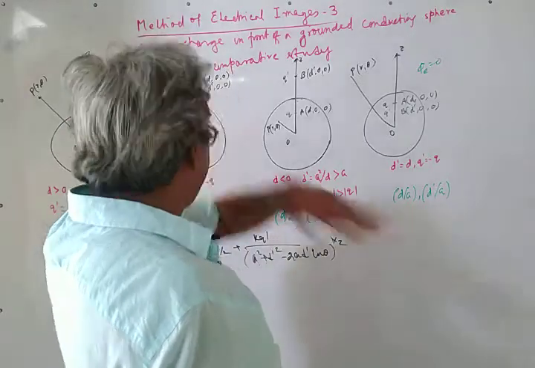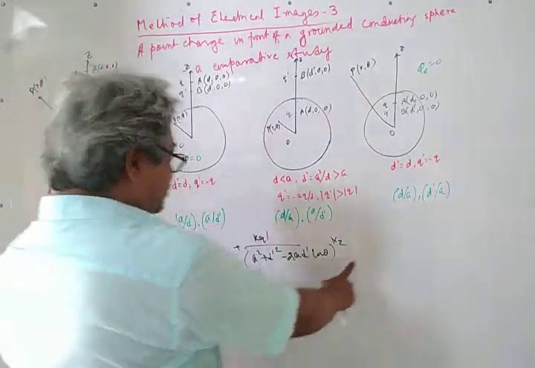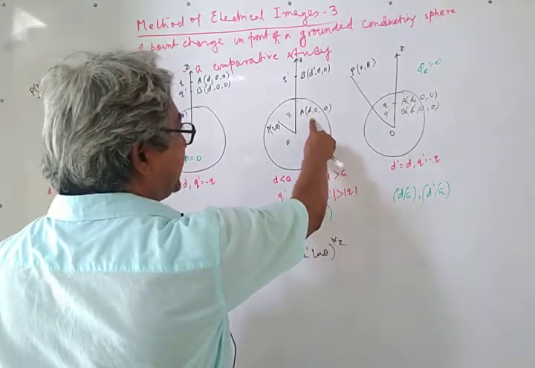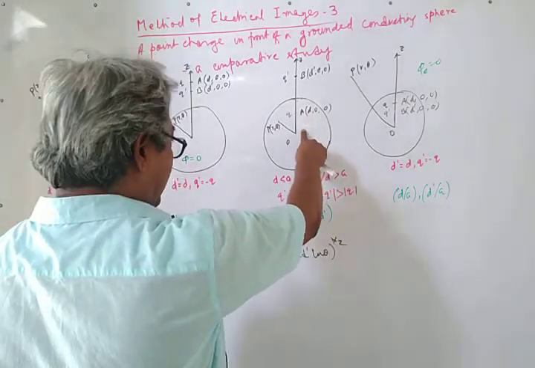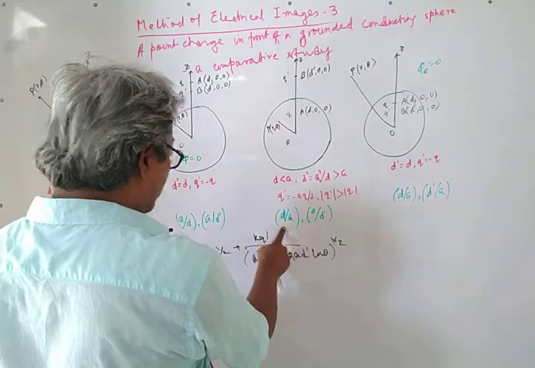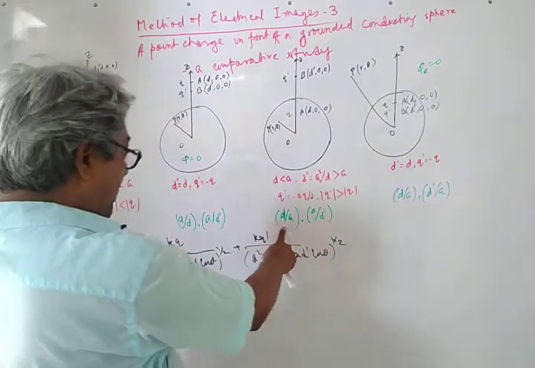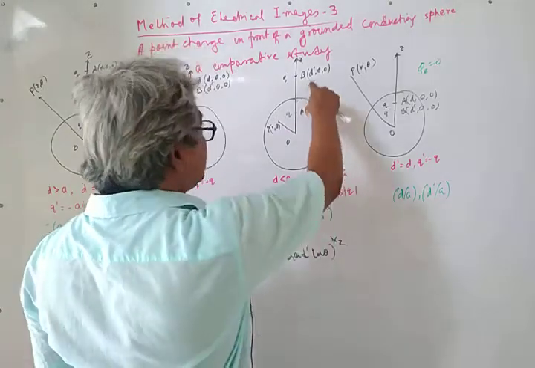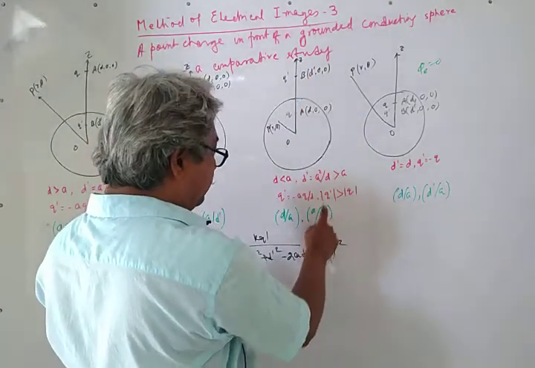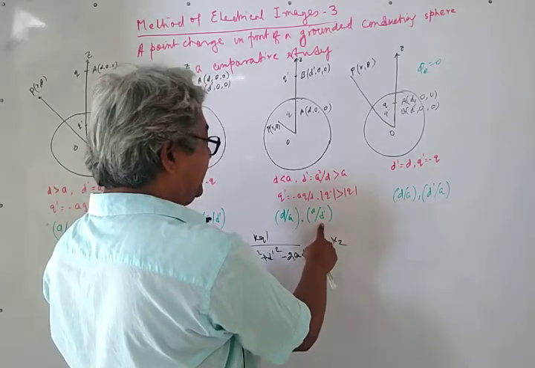And if we want to expand these two terms, for this term, d is less than a, so this term must be expanded in power series of d by a, and for this term d prime is greater than a, so this term must be expanded in power series of a by d prime.